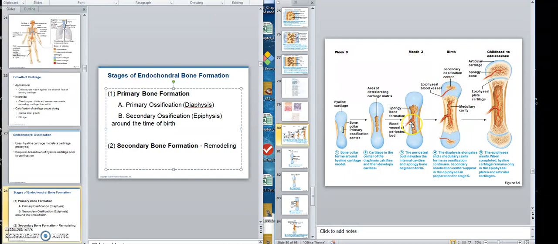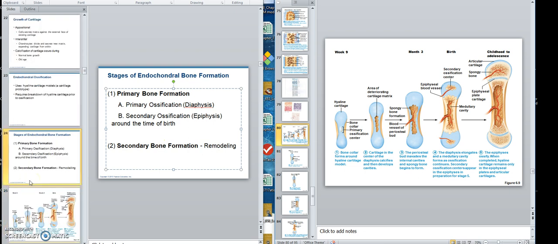Remember, the primary started around 8 weeks, and around 12 weeks, remember the time scale? And then after you make bone, you have to smooth it out and remodel it, cut the ossification centers, put the Haversian canals in and everything.